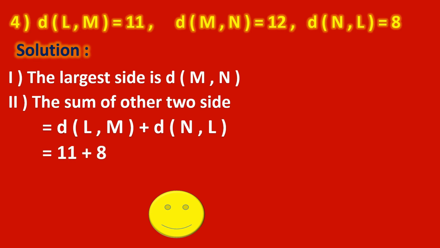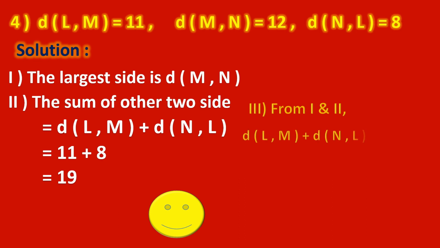As LM is 11 and NL is 8, adding both we get 19. The largest is not 19, so from first and second we get distance LM plus distance NL is not equal to distance MN. Therefore, points are not collinear.